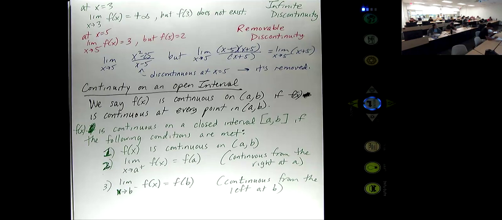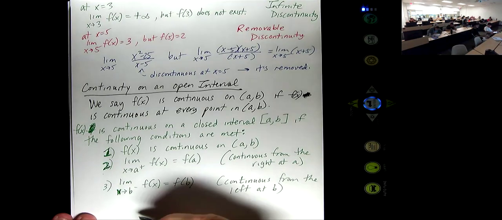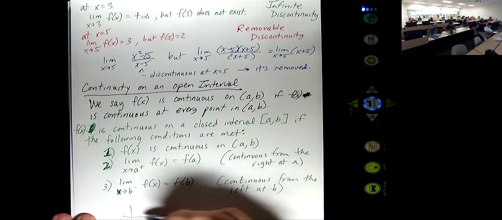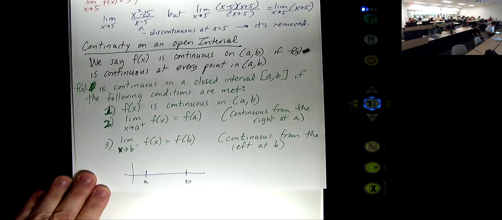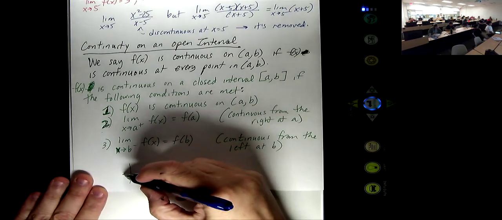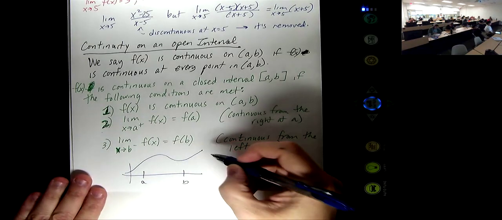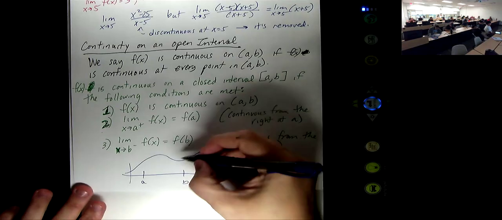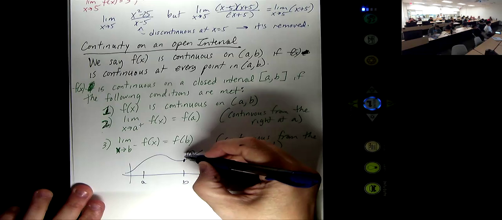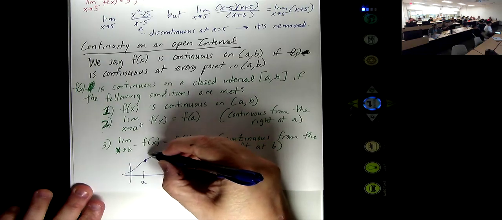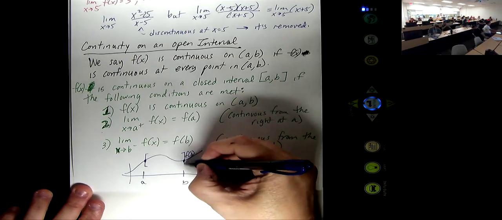So like, let's say this is A and this is B. I can have it longer than that, but there's f of B. And let's just say we are looking at that region right there.